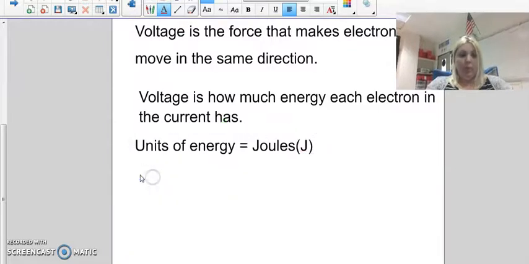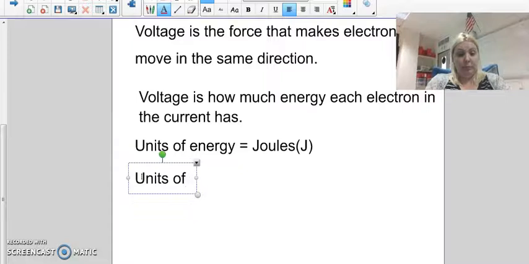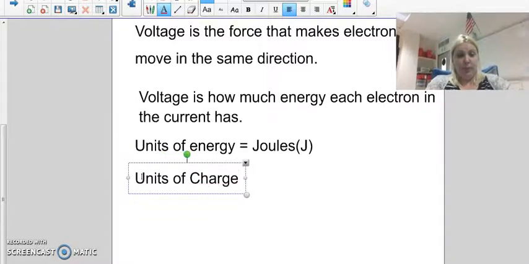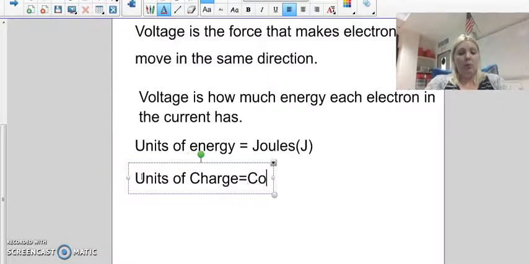So in order to specify how much energy each charge has, we need to specify the units of charge. And units of charge are not individual electrons, as you would think, because we don't always have electrons flowing. There is something called coulombs.